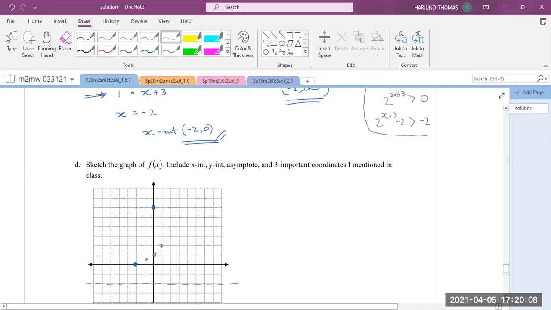Now move them 3 units to the left and 2 units down. For example, the original y-intercept, when I move 3 units to the left and 2 units down, will be the new one.